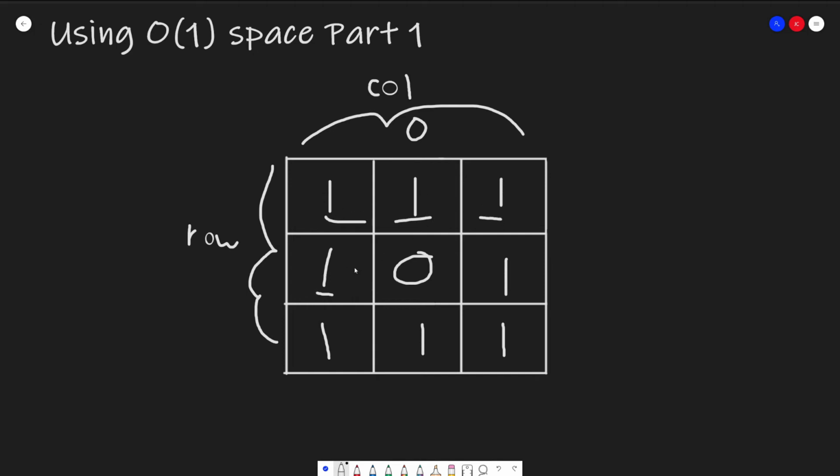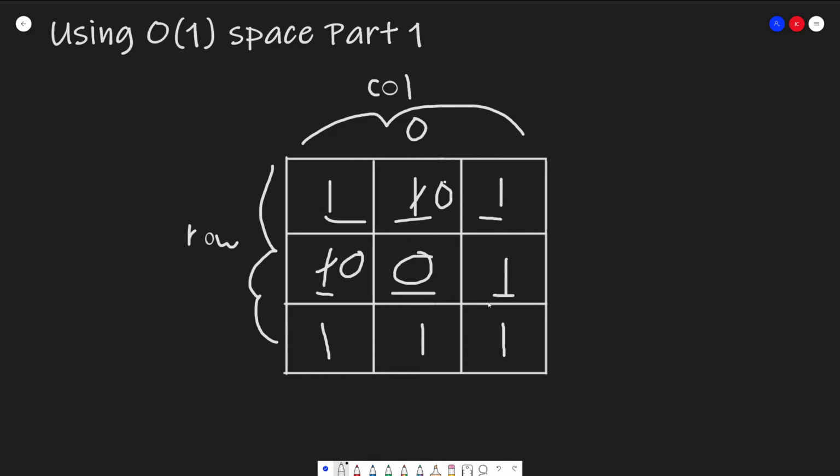We would set the values of the first column or the first row to be 0 if there is a 0 inside that column or row. So for example, at row 2, column 2, we have 0. So we would just go in place in our existing matrix while we are navigating it and set this value to be 0 and this row to be 0.